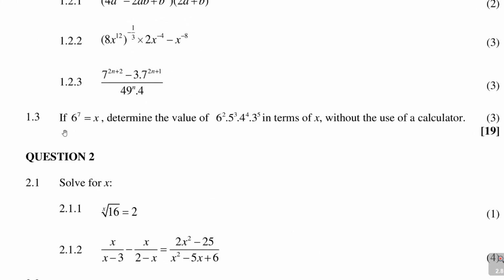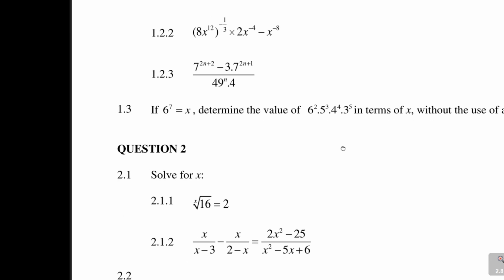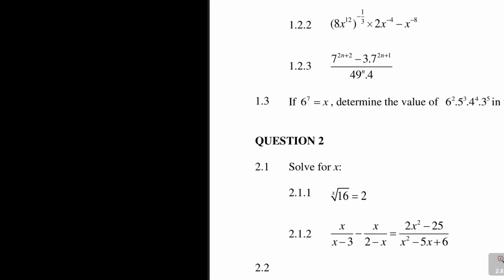1.3, it says if 6 to the power of 7 is equal to x, determine the value of this times this in terms of x without the use of a calculator. So let's come back to that one. What are they saying? They are saying we must find the value of 6 squared times 5 to the power of 3 times 4 to the power of 4 times 3 to the power of 5.